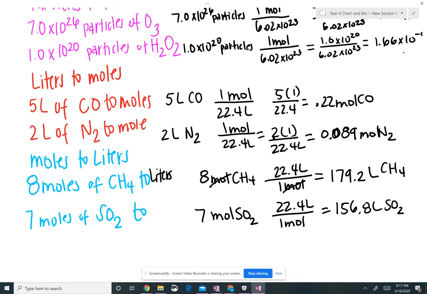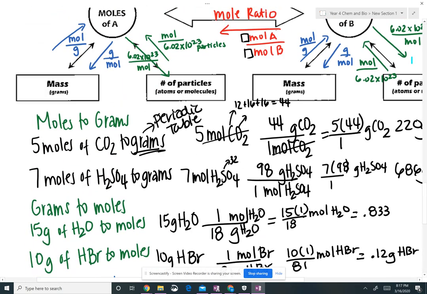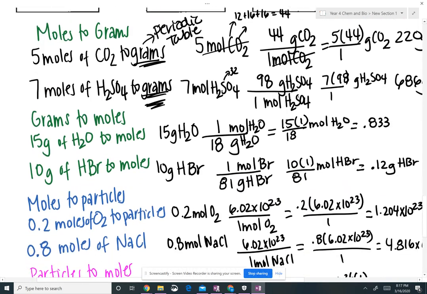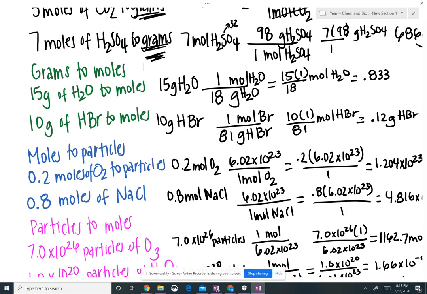Okay, so a couple of things that I want to point out before I let you guys go. Number one, when we have the grams, you guys will notice that this is the only time that I'm taking into account how much each of those things weigh. The rest of them, I just use the straight conversion factor.